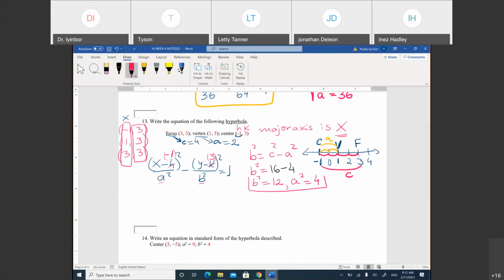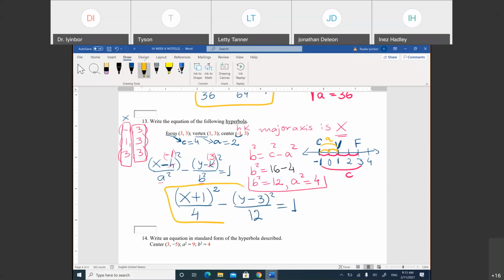So my final answer is gonna be (X minus, and minus is gonna be plus 1) squared over A squared, which is 4, minus (Y minus 3) squared over B squared, which is 12, equals 1. And this is my final answer.